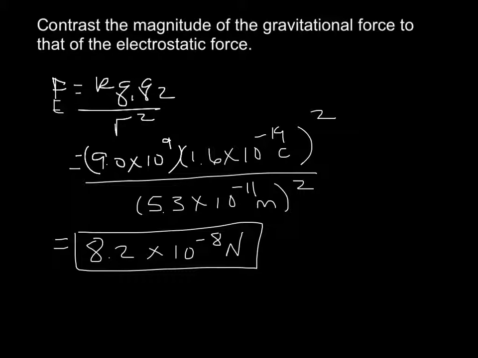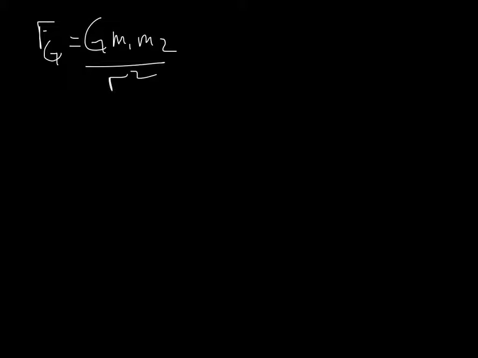Now, I want you to do these along with me just to check and make sure your order of operations is working out on your calculator. So now, let's do the force between the proton and the electron, the gravitational force. I'm going to go to the next slide. By the way, just as a matter of information, these constants will be given to you, like the mass of an electron, the charge of an electron, and the mass of a proton.